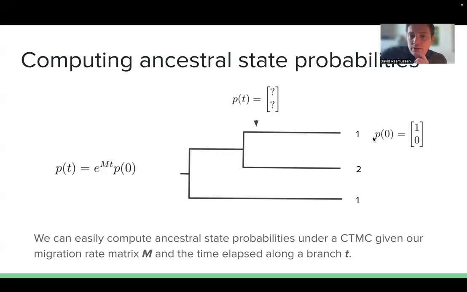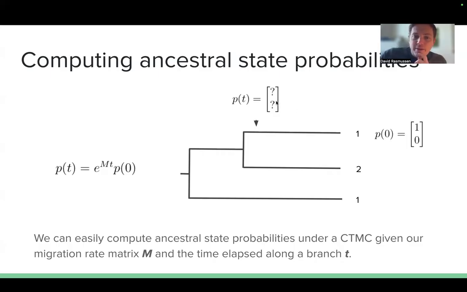So if we think about the location of one of these lineages in populations, either 1 or 2, we can describe that as a vector, where here the probability of this lineage being in state 1 at time 0 will be 1 because we know it was in that population.